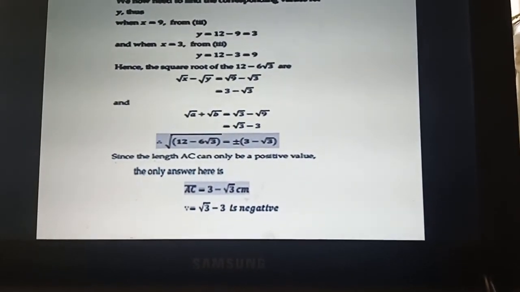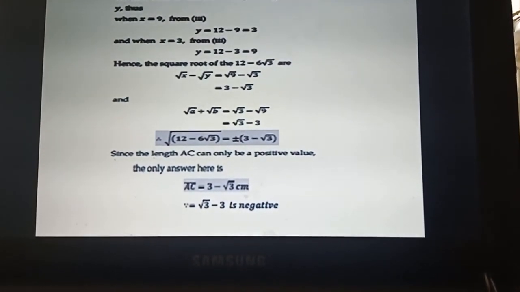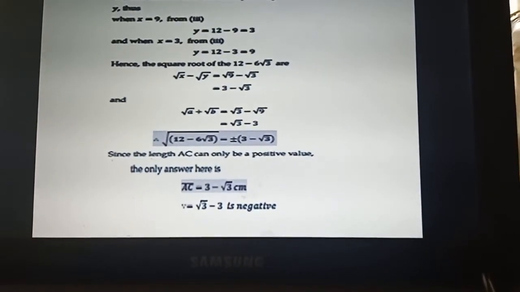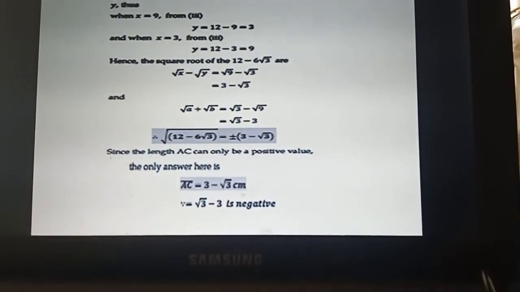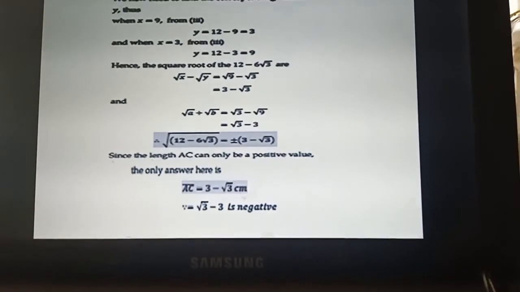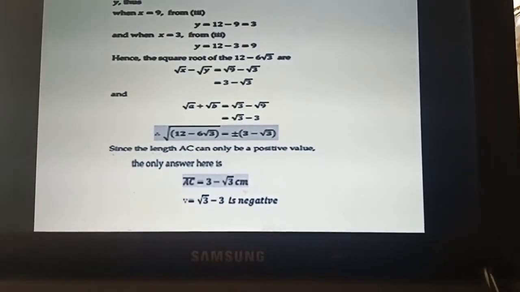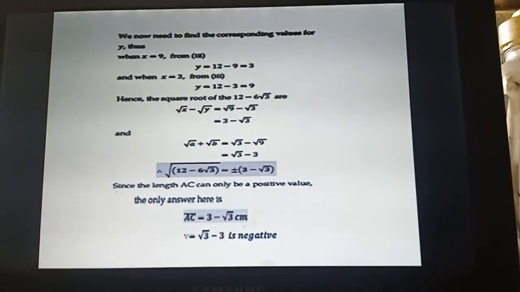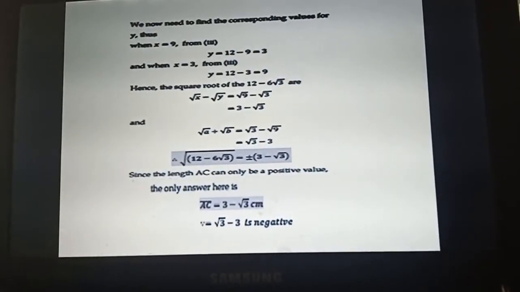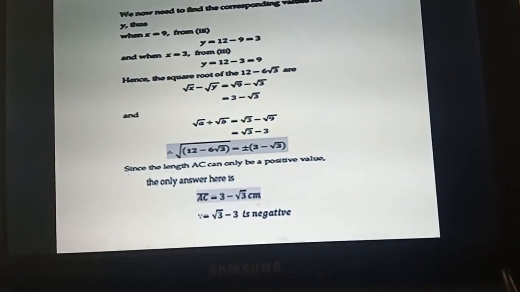Therefore, square root of 12 minus 6 root 3 is plus or minus 3 minus root of 3. Since the length AC can only be a positive value, the only answer here is AC. If you can recall, they say you should find the value of AC.